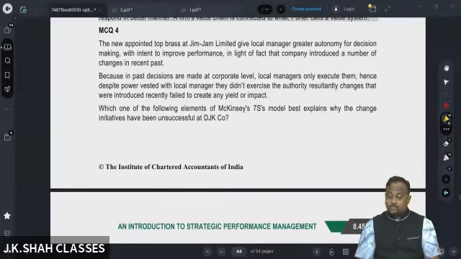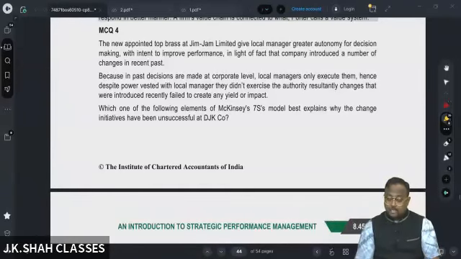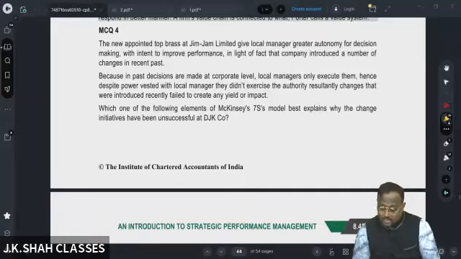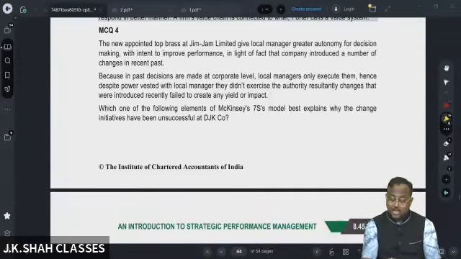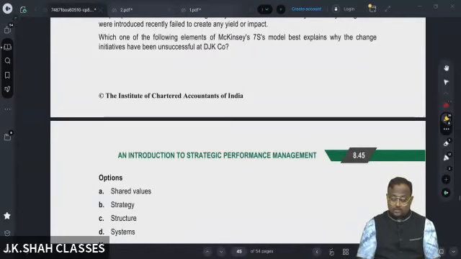Because in the past decisions were made at corporate level, local managers only executed them. And despite power vested with local managers, they didn't exercise the authority. Resultantly, changes that were introduced mainly failed to create any yield or impact. Which of the following elements of McKinsey's 7S model best explains why change initiatives have been unsuccessful in the company? Shared value, strategy, structure, or systems?